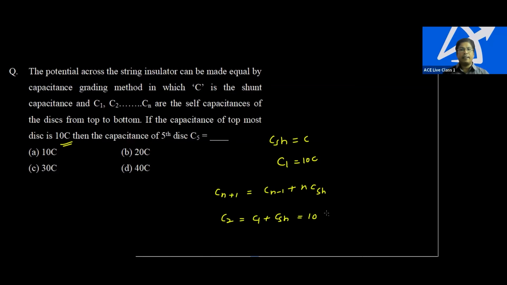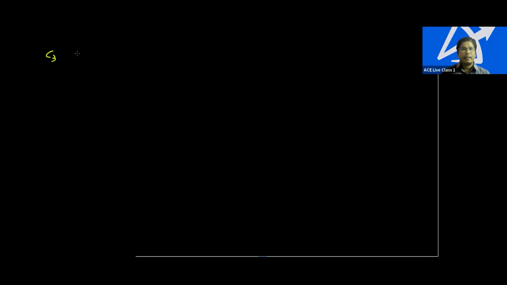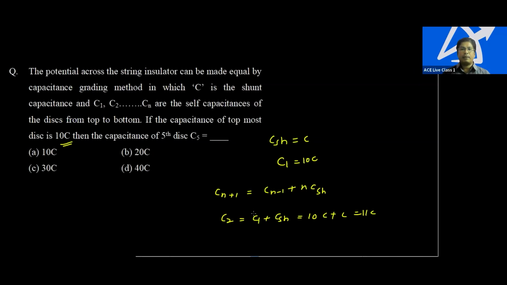C1 is given as 10C, plus CSH is given as C. It is 11C. Continue that one. What about C3? C3 is nothing but C2 plus 2C SH. C2 is 11C plus 2C. It is 13C. C4 is C3 plus 3C. Cn is Cn minus 1 plus N minus 1 C. Sorry.